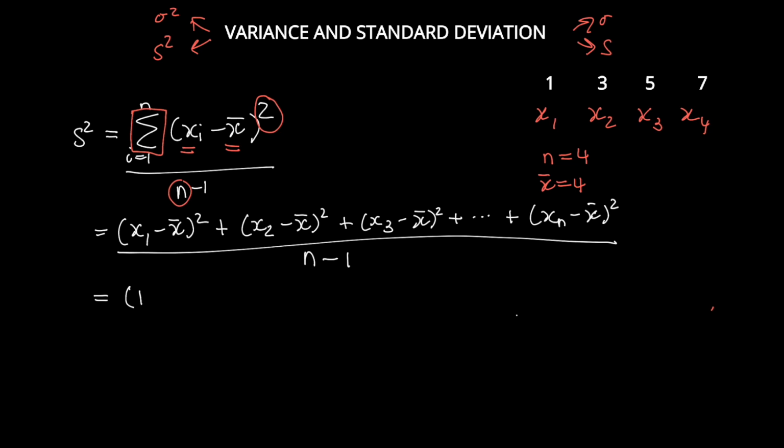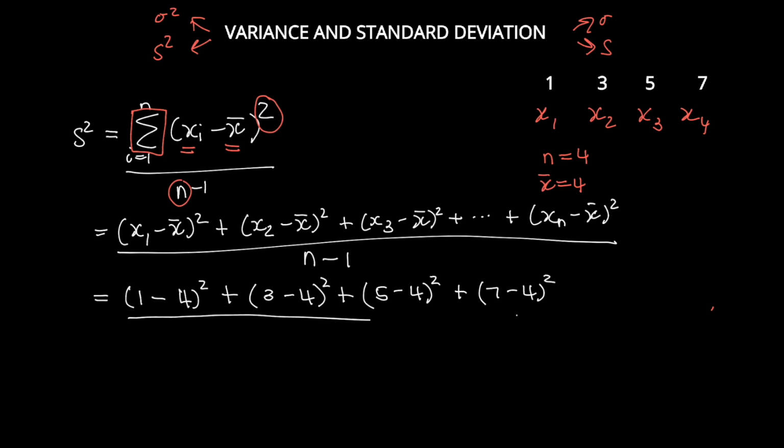It'll be 1 minus 4 squared plus 3 minus the mean, which is 4, squared, plus 5 minus the mean squared, plus that last data value, which is 7 minus the mean squared, divided by n, which is 4 minus 1.